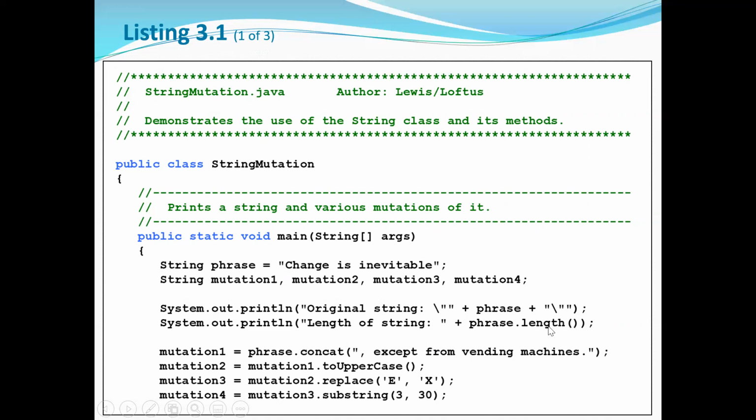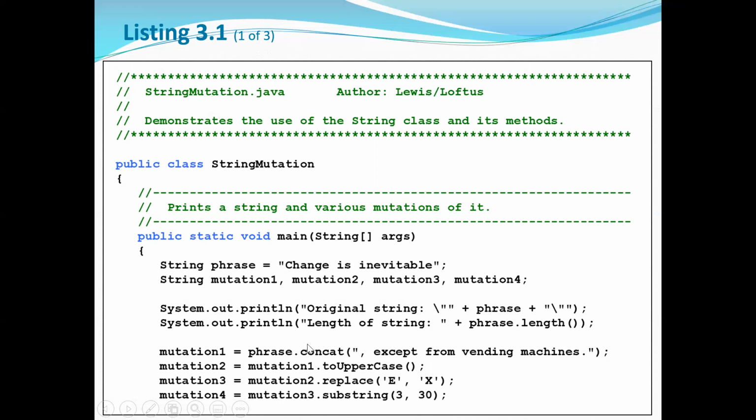To invoke the length method, we have to include the object, which is named phrase. So we have phrase.length, which gives us the number of characters in phrase. We should remind ourselves that a space is a character, so for example the two spaces here will be included.